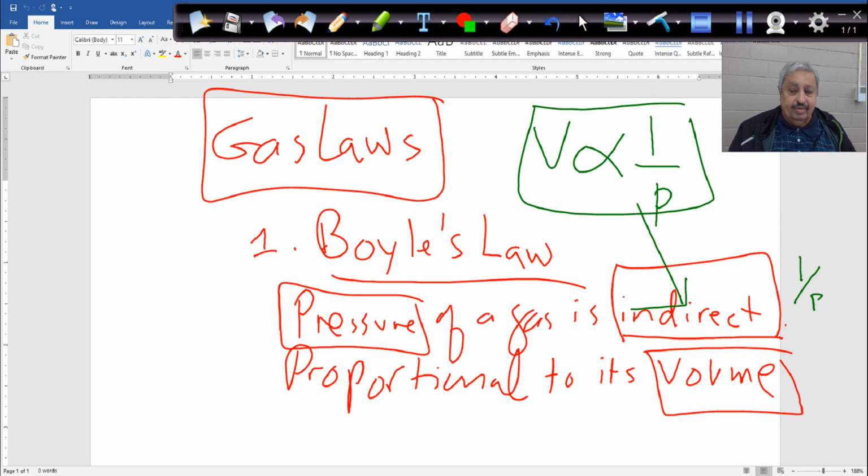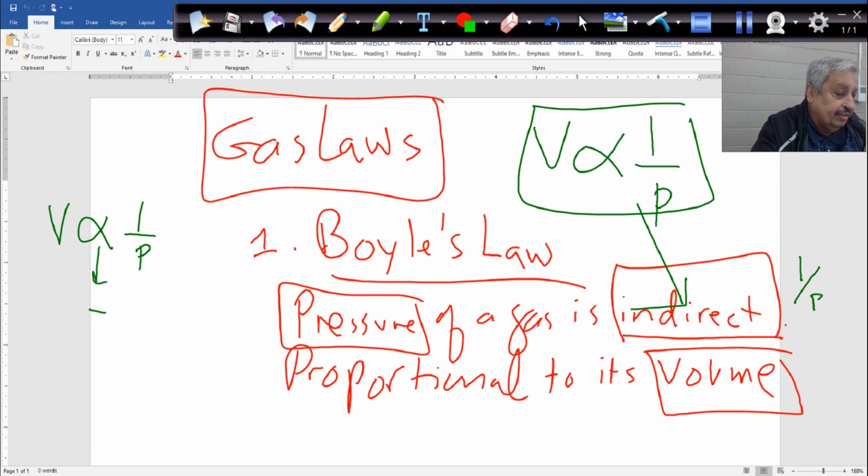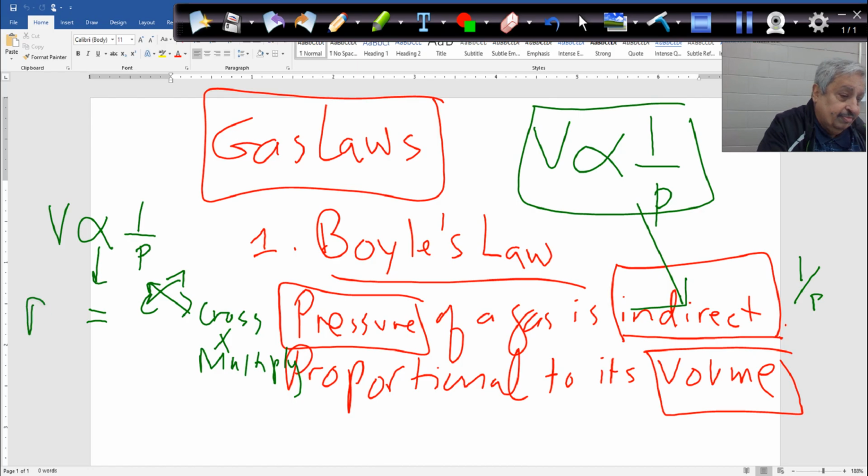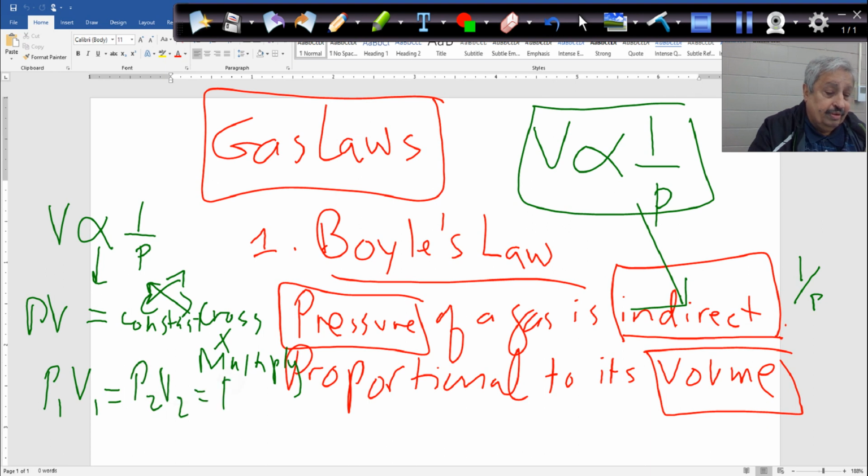So out of this inverse relationship, I can cross multiply, and I have PV equal to a constant. Meaning P1V1 equal P2V2 equal P3V3, etc., equal a constant.